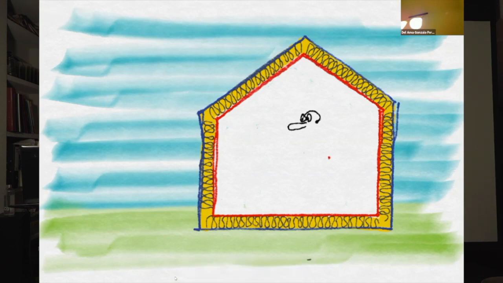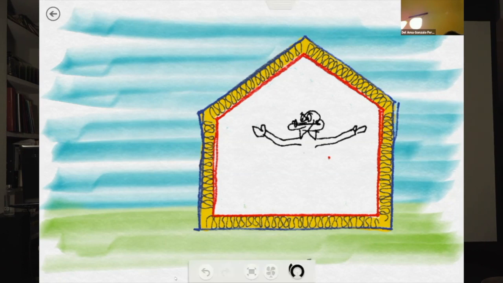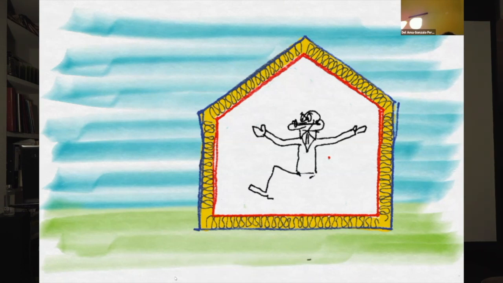And what do we have inside the building? We have people. So our goal is to make people feel comfort. There will be some people there, and people are doing something in buildings. They can be sitting down, or they can be practicing sports.